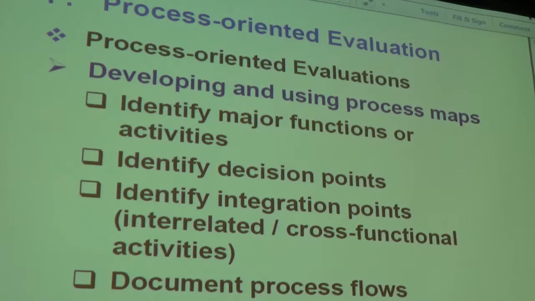Process-oriented evaluations also are important for identifying major functions and activities. What generally happens in most organizations, both on the private side, the public sector side, the nonprofit side, is that a lot of the major functions of programs are not identified, and in many cases the activities aren't identified, and so each program has tasks and activities that are associated with it.